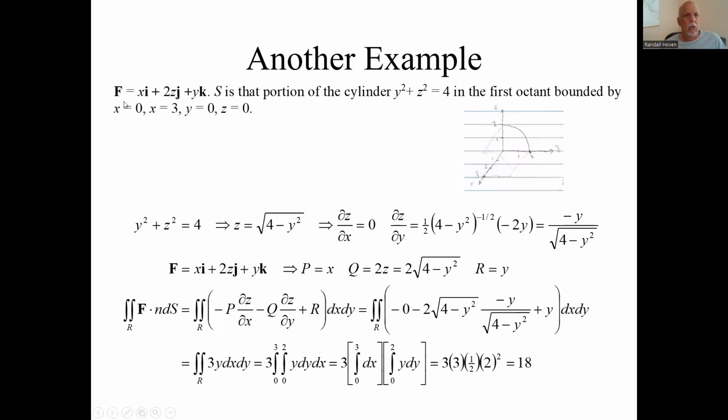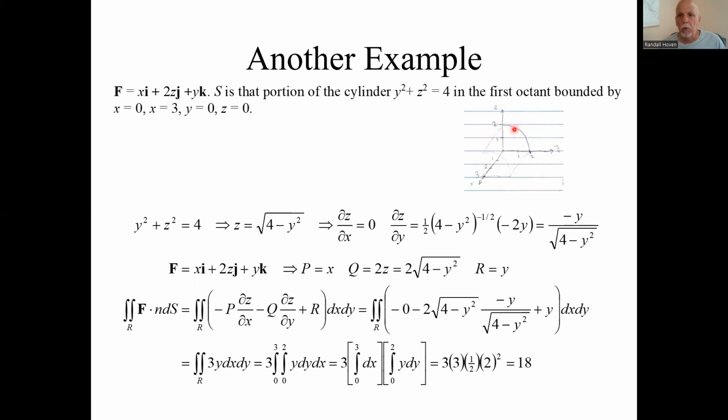Here's another one. There's our vector field. P is x, Q is z, R is y. And this is that portion of the cylinder y squared plus z squared equals 4 in the first octant, bounded by these numbers. We have to do some three-dimensional thinking again. This cylinder is along the x-axis and has a radius of 2.